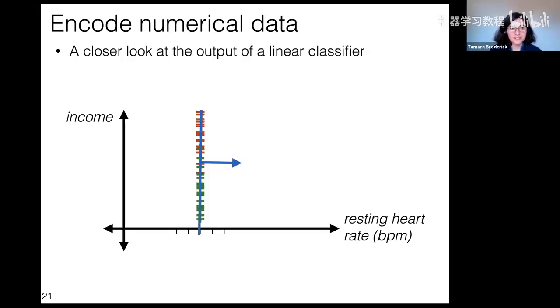I would say, wow, there's really nothing going on with a resting heart rate here. There's nothing too interesting. And if I just looked at the theta without plotting my data or thinking about this, I would say, gosh, look, there's almost zero in the income direction. And it's really highly non-zero in the resting heart rate direction. And so I might be misled in various ways by doing this.